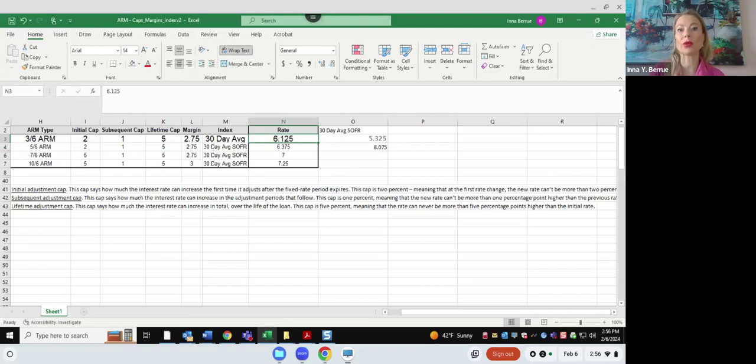Let's say right now, a 30-year mortgage would be somewhere around 6 7/8, 7%. Well, you can get a lower rate for 3 years. And what if you plan on only staying in the house for 3 years? And as you know, if you sell this house and buy another house, you cannot keep this mortgage. You would have to refinance anyways. So for your purpose, that ARM may work very well.